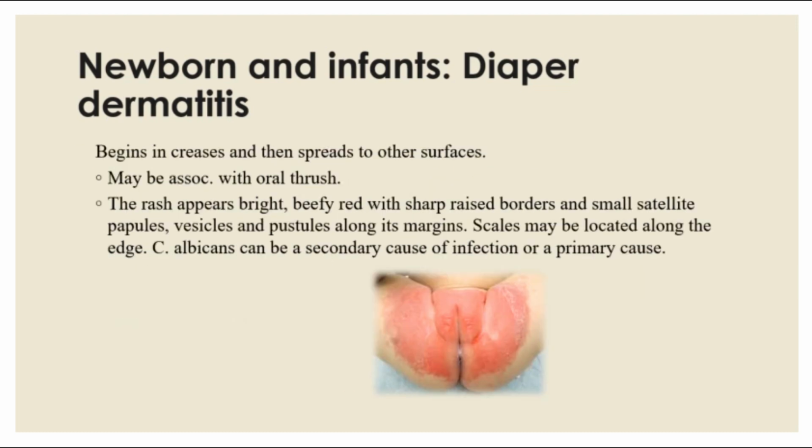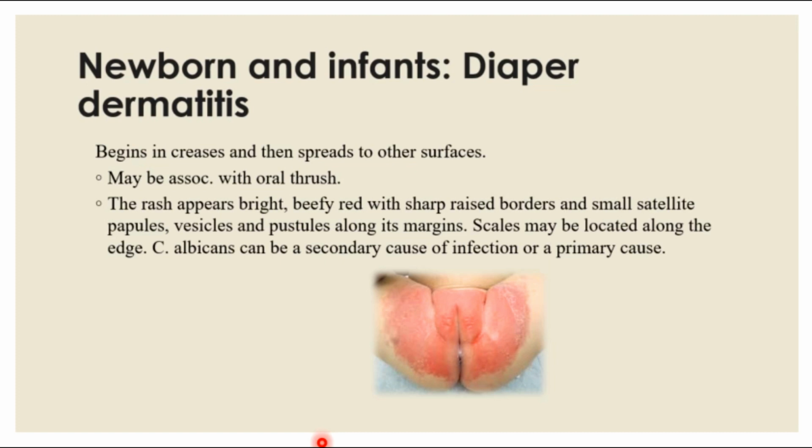Now, in terms of the candidal infection, this begins in the creases and spreads to other surfaces because Candida albicans is one of the normal flora in the genital area, and it thrives in hot, moist areas. So in the creases, there tends to be a lot of sweating.